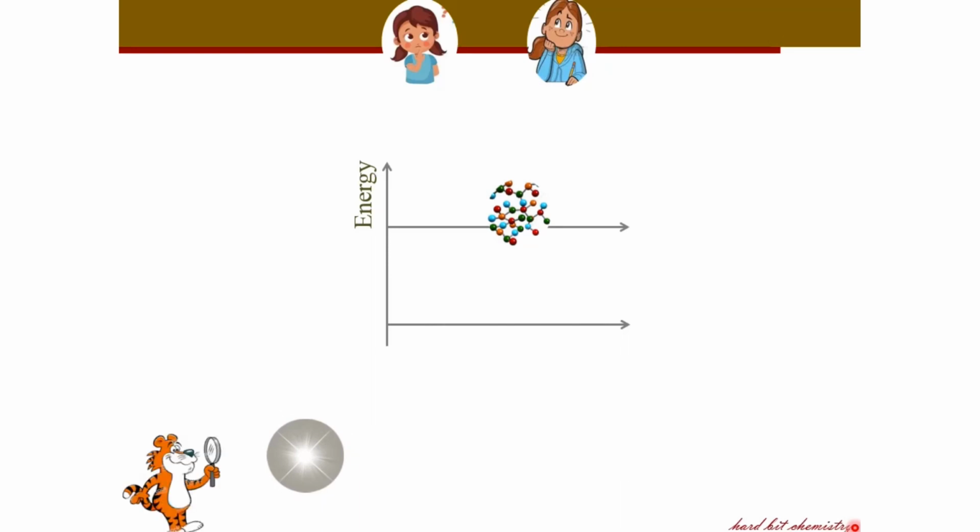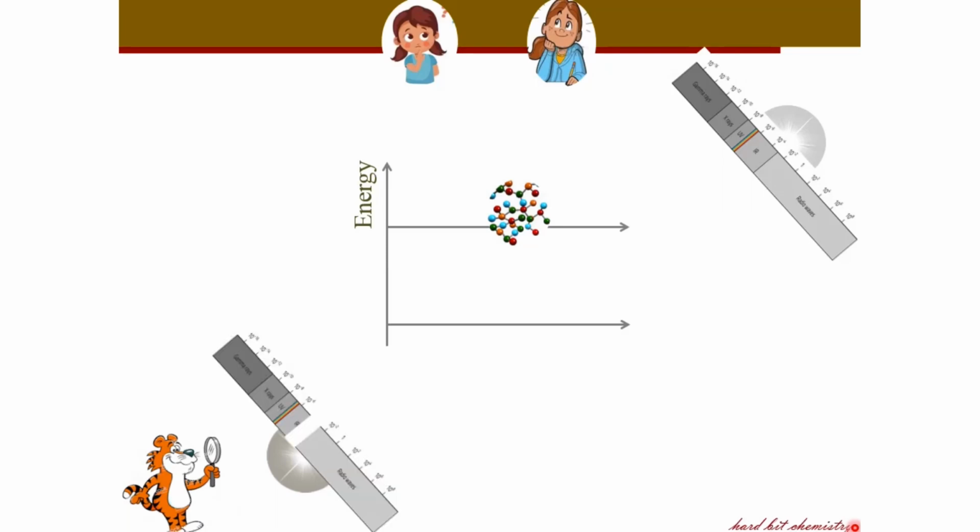And now if we look at the light, what can we see? We can see that in the beginning, before absorption, light consisted of the whole range of the electromagnetic spectrum. And now if you look at the transmitted light, you are able to see that a particular component of the electromagnetic spectrum is missing. And why is this particular component missing?